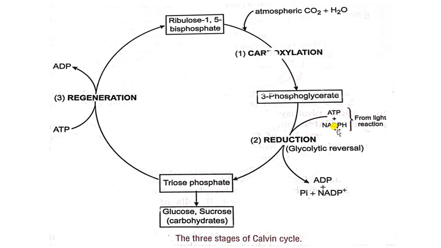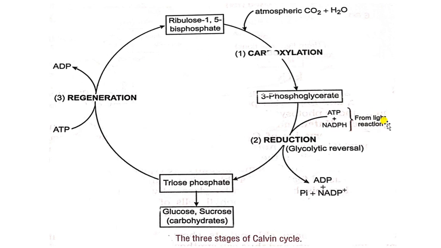For conversion of 3-PGA or 3-phosphoglycerate into triose phosphate, ATP and NADPH are required, which are supplied by the light reaction of photosynthesis.